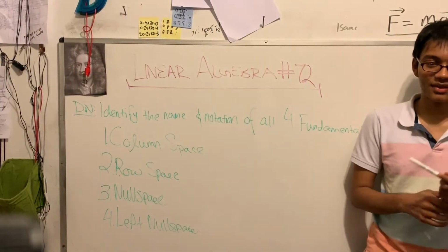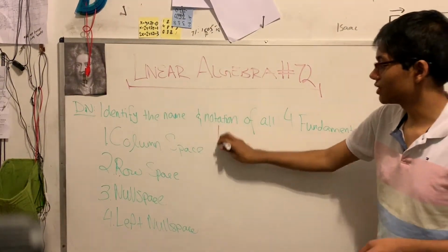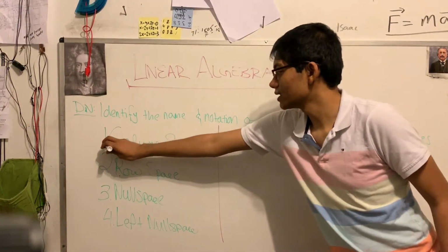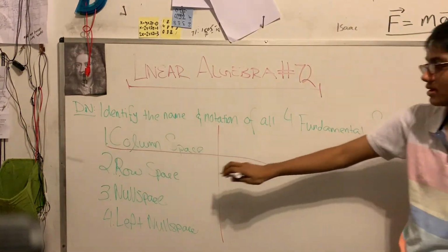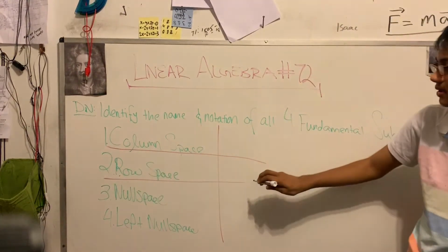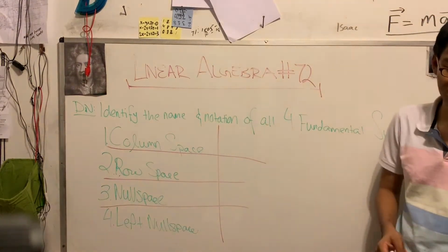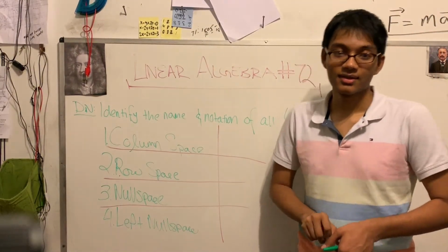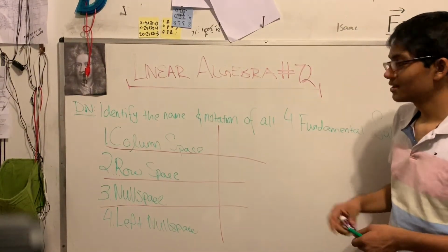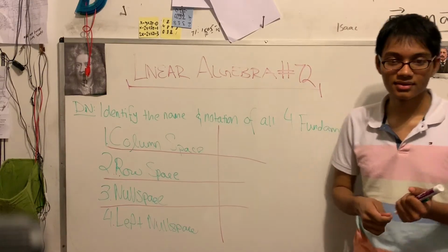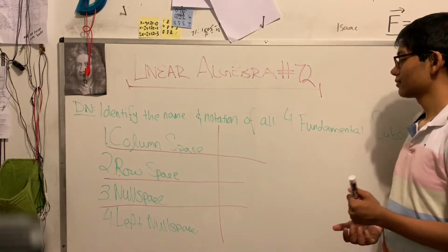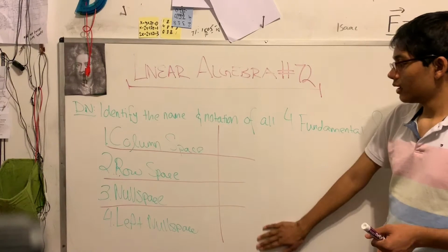So Alex, why don't you come up here and write the notation for all 4 of these spaces? Give it a shot. We saw it yesterday. You sure? Yeah. It's not that bad. Do you want a hint? No, I'll do that. Notation for column space, you said?